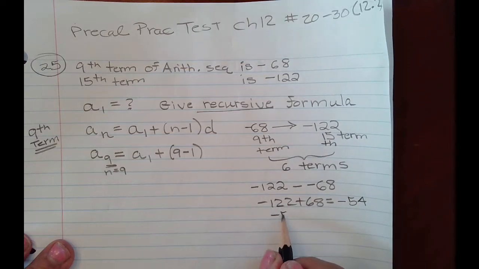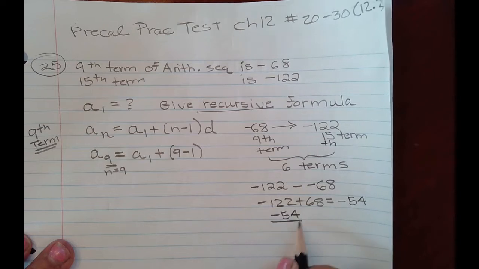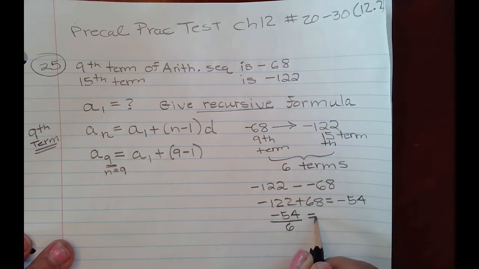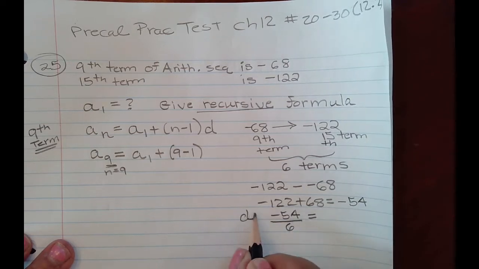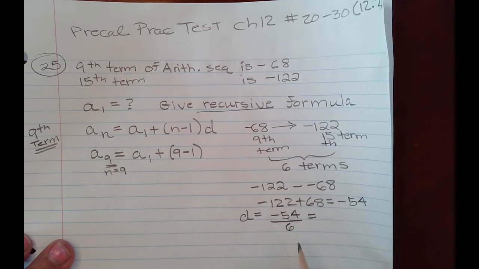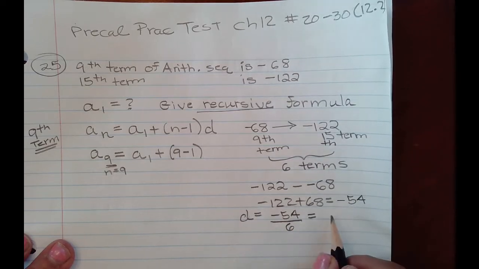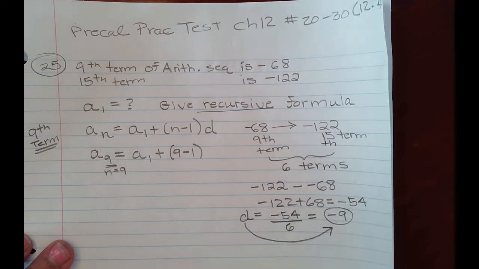Okay, that negative 54 is split up amongst 6 terms. So the jump, or the common difference each time, is negative 54 divided by 6, which is negative 9. This is your D value.